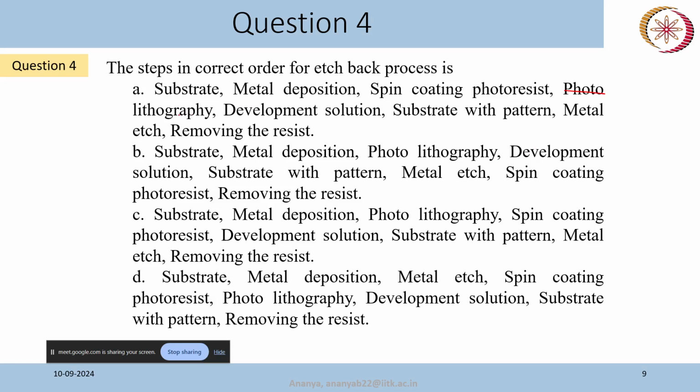So this photolithography means UV exposure.